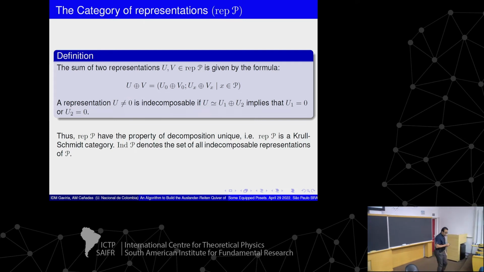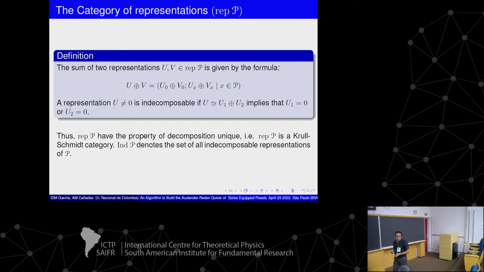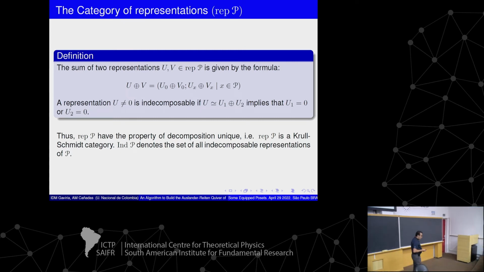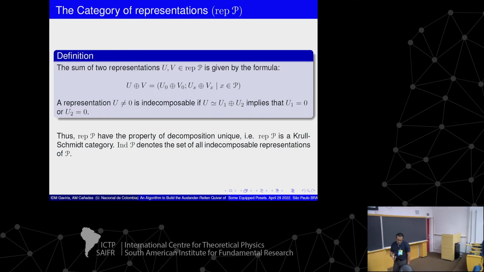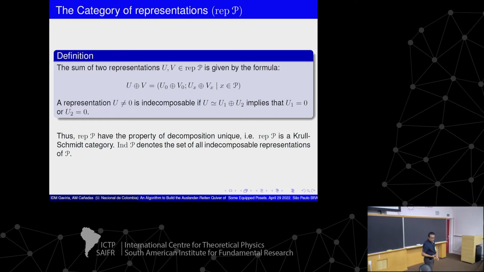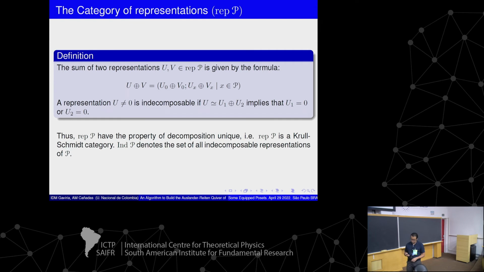With this condition, the category of representations of a partially ordered set is a Krull-Schmidt category. This is an abelian category. Here, Krull-Schmidt category means that every representation satisfies unique decomposition as a sum of indecomposable representations.